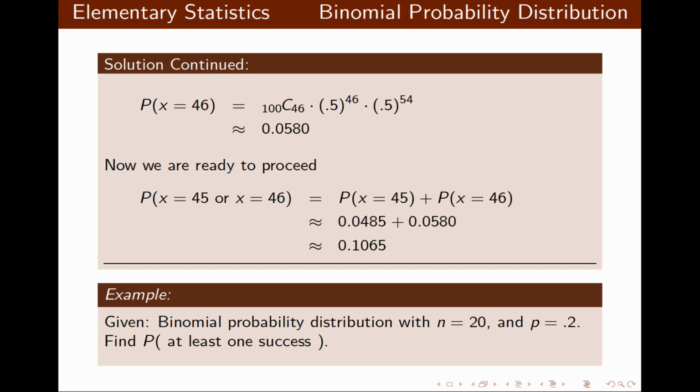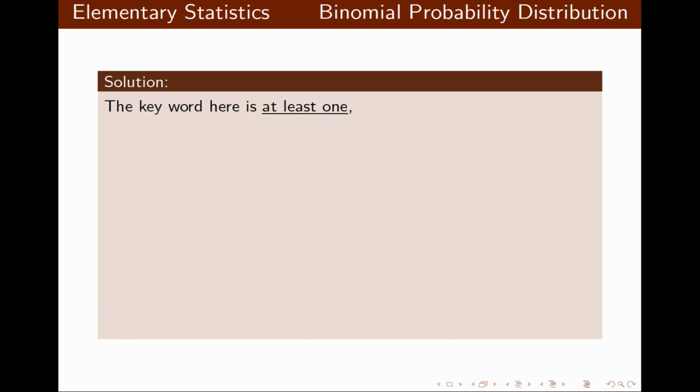Now in this example, we're looking at a binomial probability distribution with n equal to 20, p equal to 0.2, and we want to find the probability of at least one success. The keyword here is at least one.